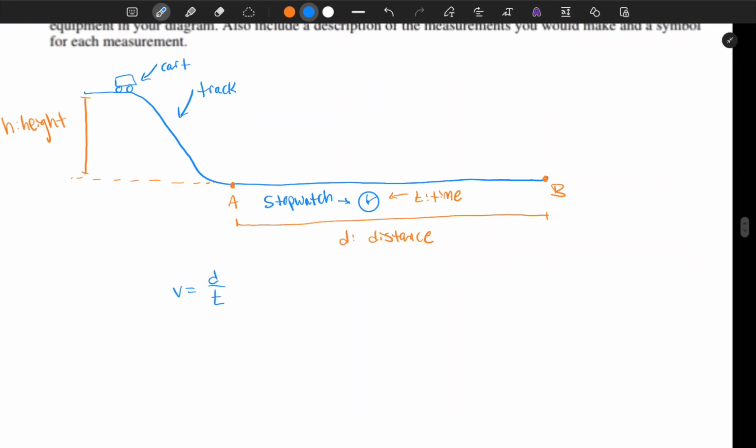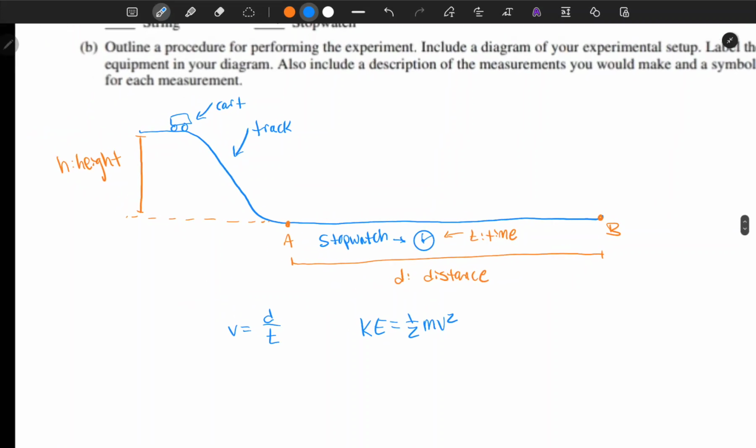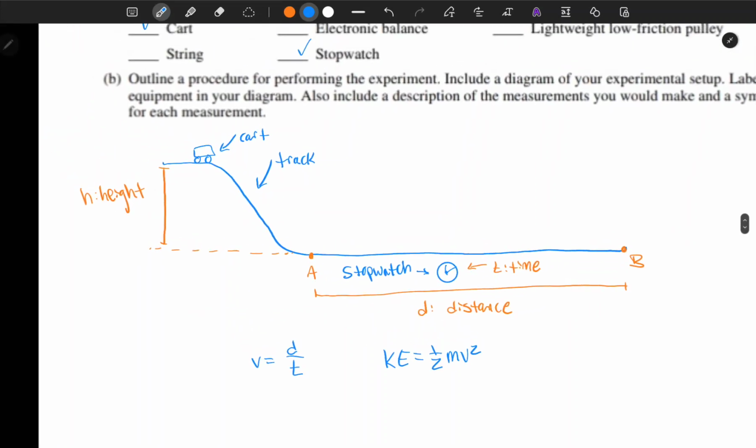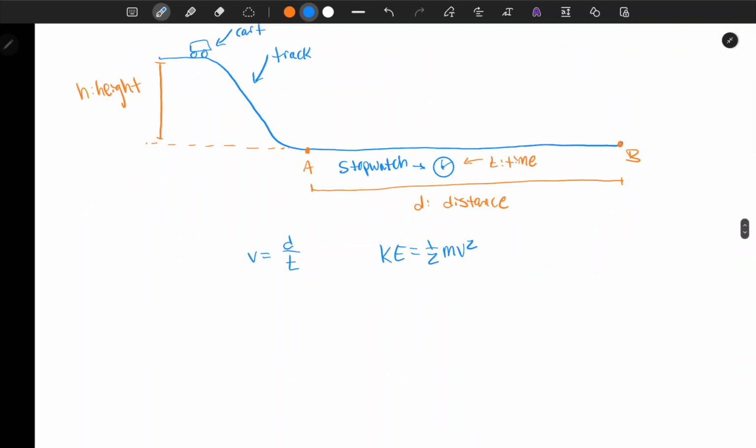This velocity v is used in calculating the kinetic energy. KE is equal to 1/2 mv squared at point A, that is, at the bottom of the hill. At the top of the hill, we use h in order to calculate the gravitational potential energy, Ug, which is equal to mgh.